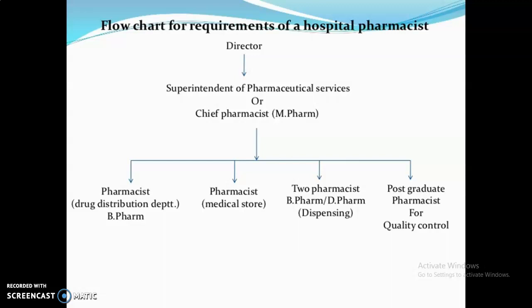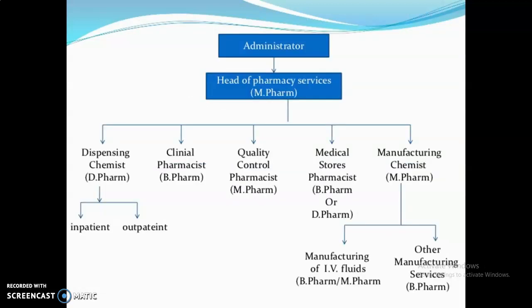Pharmacist, he should complete B.Pharm. He has to work on drug distribution. Then a pharmacist who will work in the medical store. Two pharmacists should complete B.Pharm or D.Pharm and they do the work of dispensing. And the quality control pharmacist should be a postgraduate. Administrator.